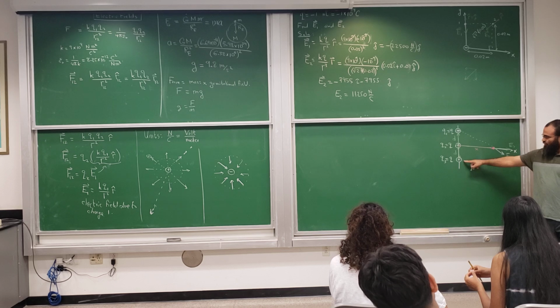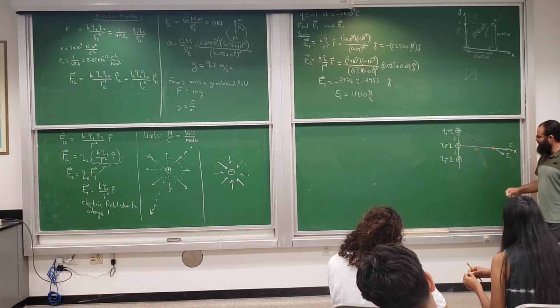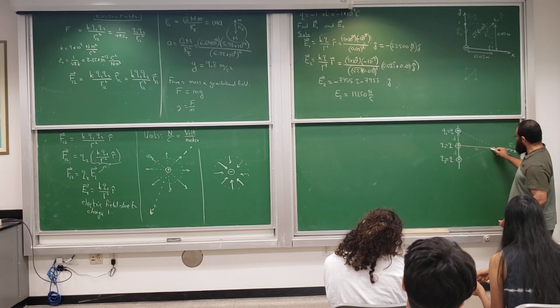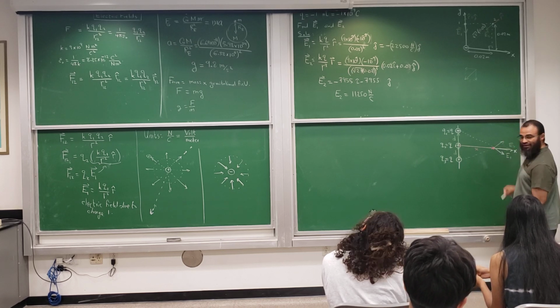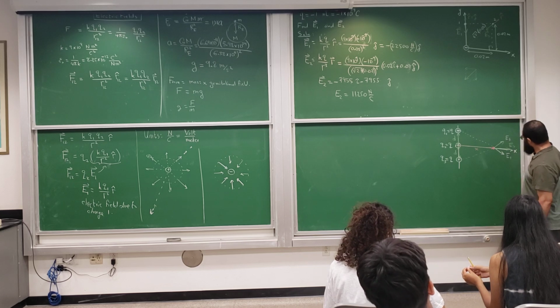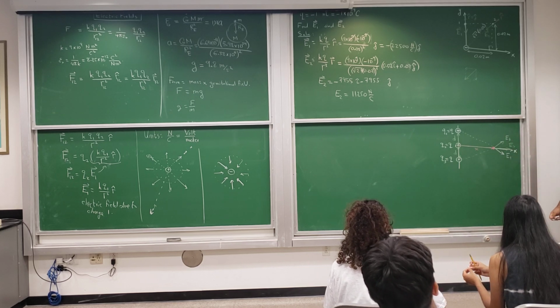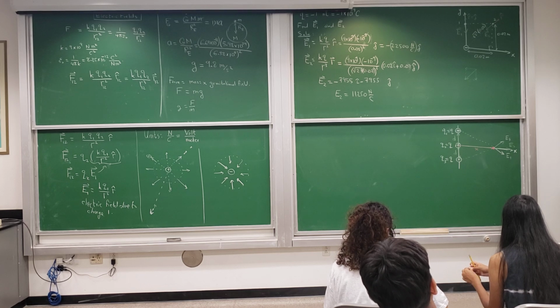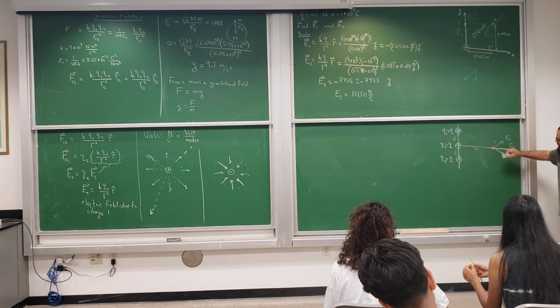Let's go to 3. What direction? Northeast. Yeah, this way. That's E3. So if I add all these 3 vectors, in what direction is the net field going to be? Horizontal. Yeah, to the right. You see E3 has a little component this way.